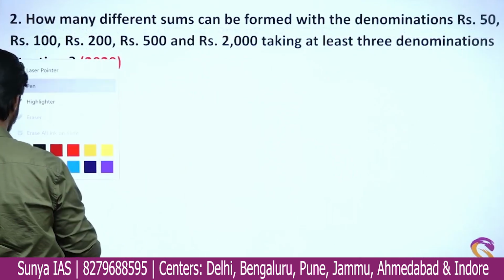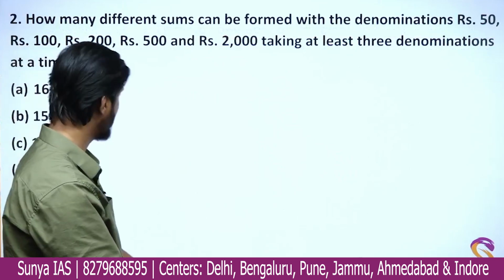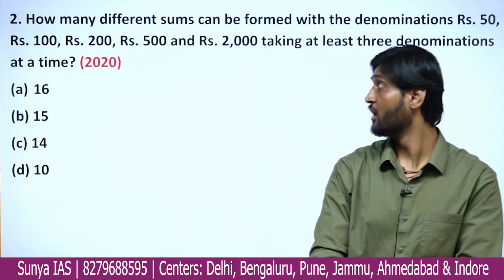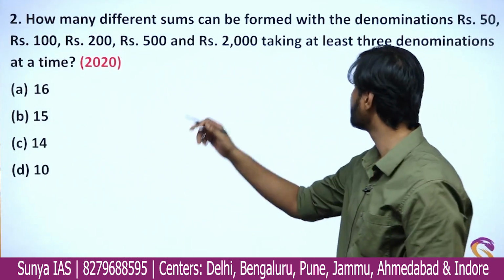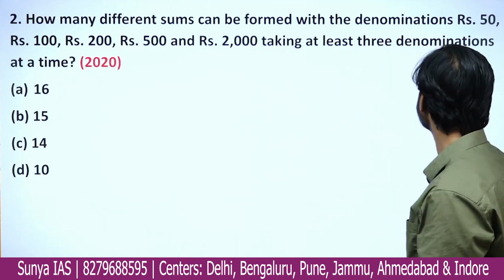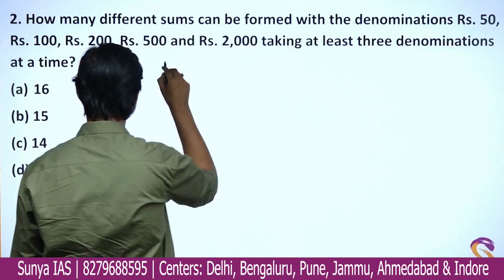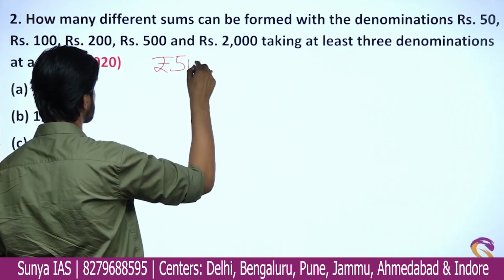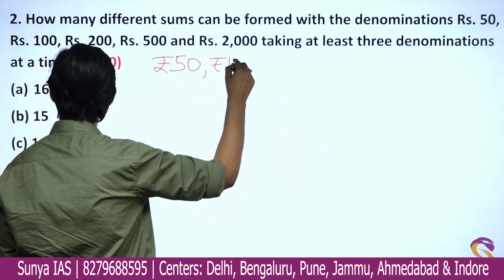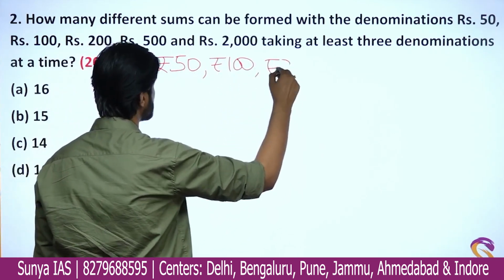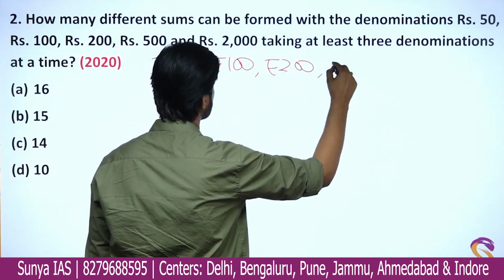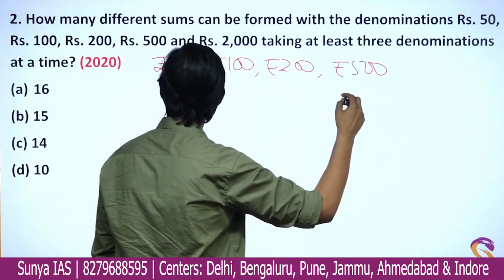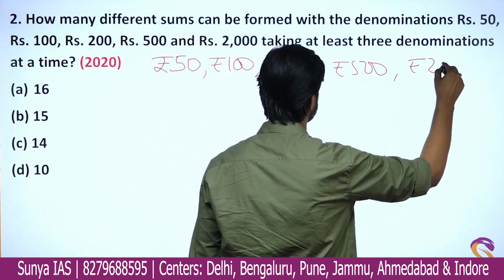Now we have the second question which says, how many different sums can be formed with the denominations rupees 50, rupees 100, rupees 200, rupees 500 and rupees 2000.